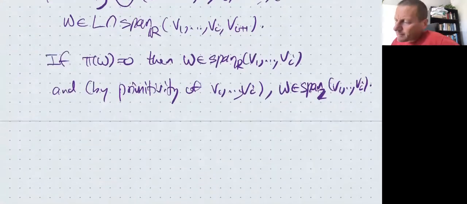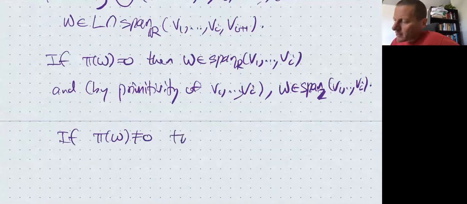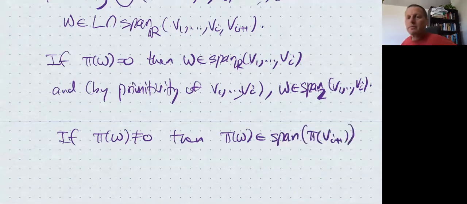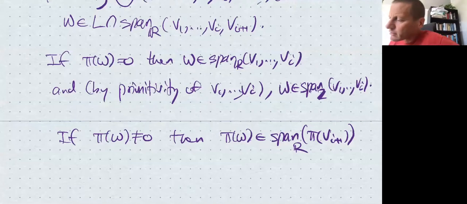So suppose it's not 0. If pi of w is not 0, then pi of w is in the span of pi of v_{i+1}, because w is in the span, but all of the other vectors project to 0. So when you project it, it's a multiple of this guy.